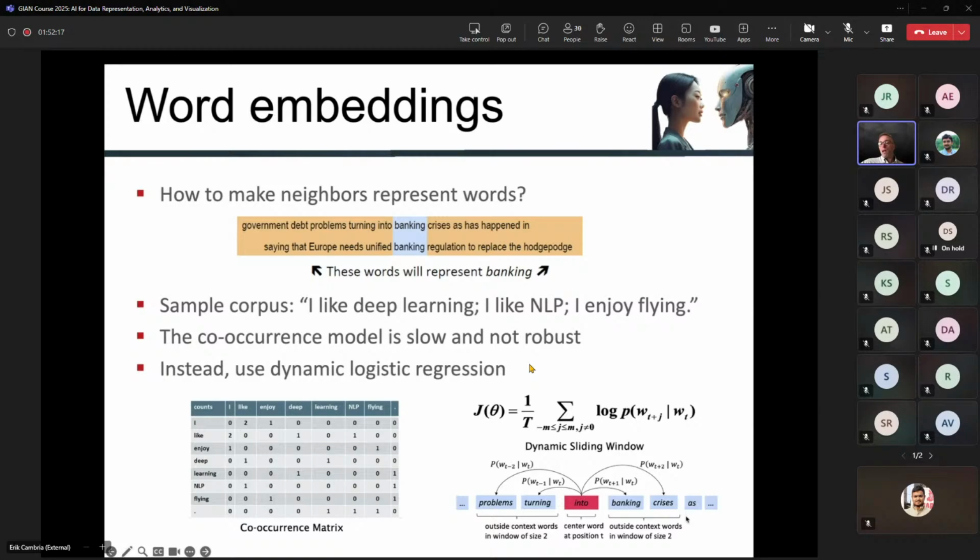We have this sliding window. Once again, in this example it's a size 2 sliding window. As I go through the sentences, I encode the probability of this word also based on the conditional probability of other words appearing before or after the target word.